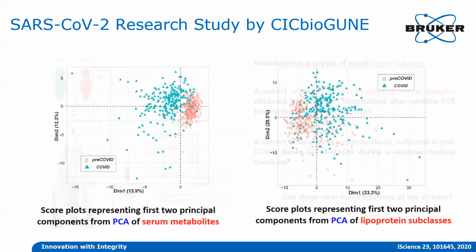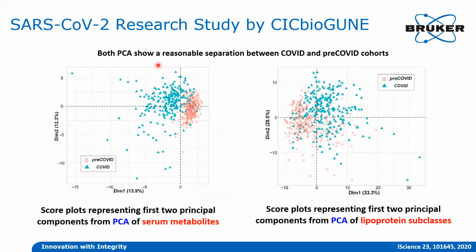So here, this is the PCA result, the score plot of the PCA from the serum metabolite NMR, and this is the PCA score plot from the lipoprotein subclass data. As you can see here, both PCA results show a very reasonable separation between the COVID and the pre-COVID cohort. So they show very good grouping in the PCA.